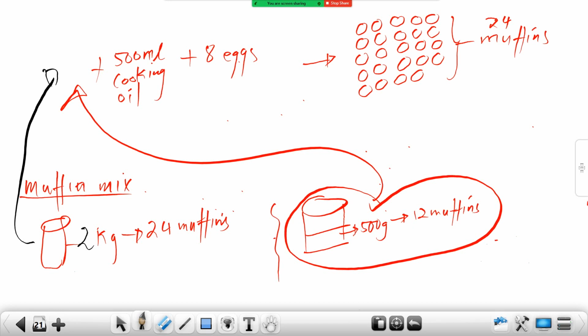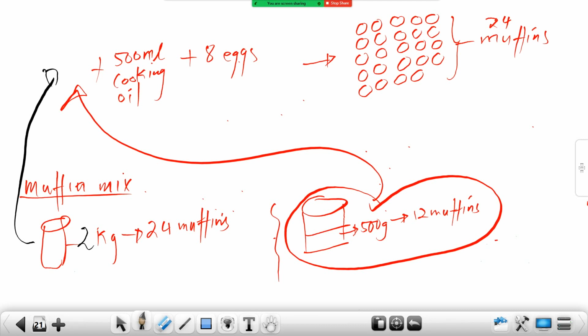So if I put in the 2 kg of muffin mix, it will still give me 24, and I will still remain with 1 kg.